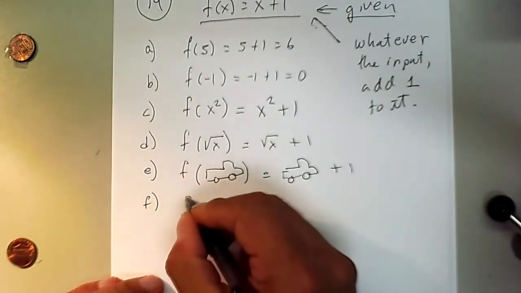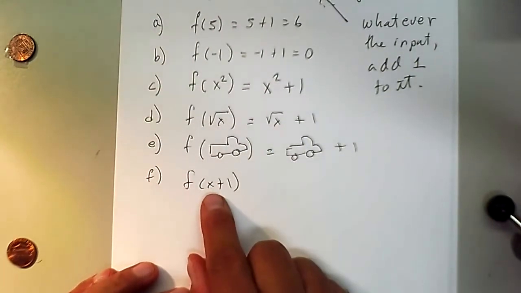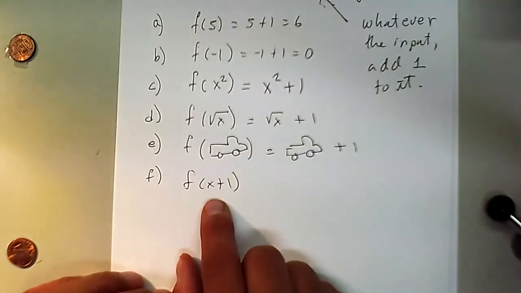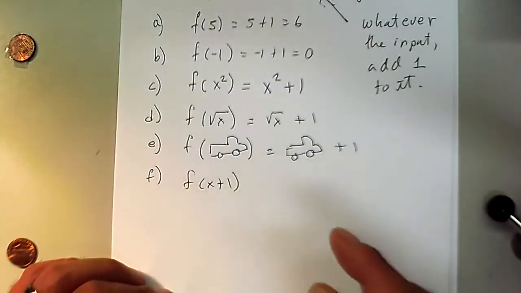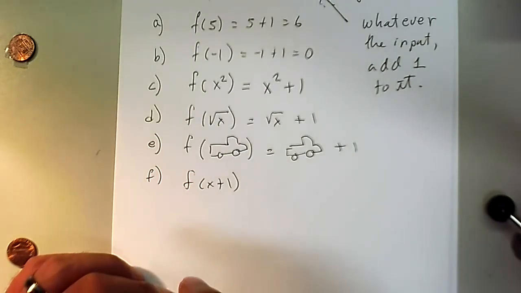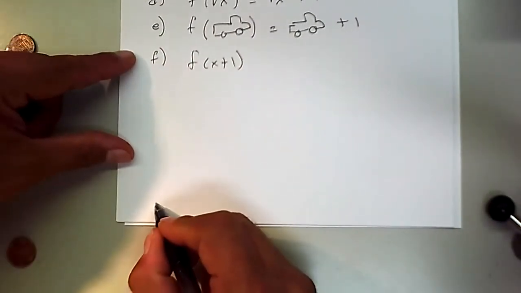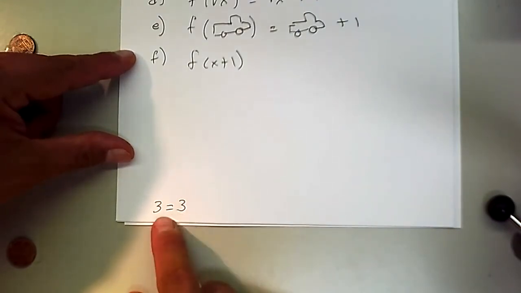F. What about x plus 1 itself? Whoa. Yeah. One of the beauties, in my opinion, of math is that you can always nest things into themselves. You can compare things to themselves. I mean, this is a little bit of a side note. Whenever you say 3 is equal to 3 in math, we don't think twice about that.